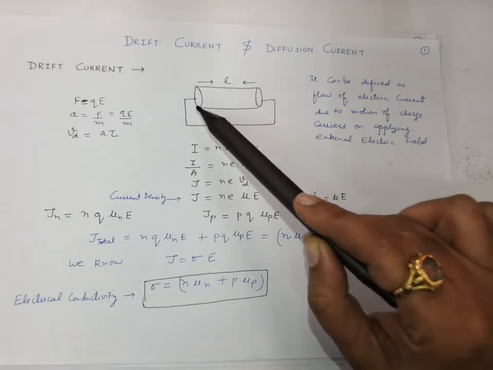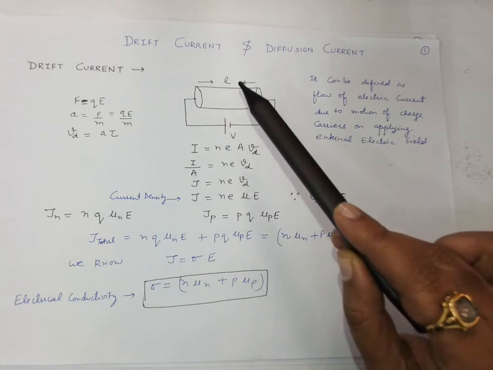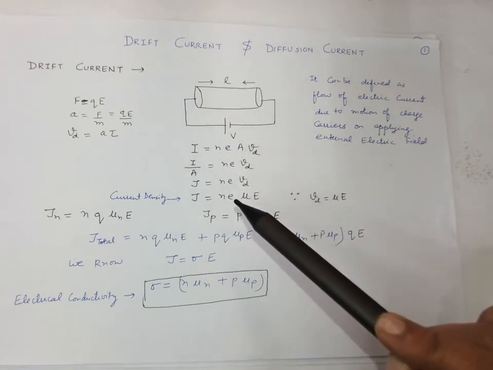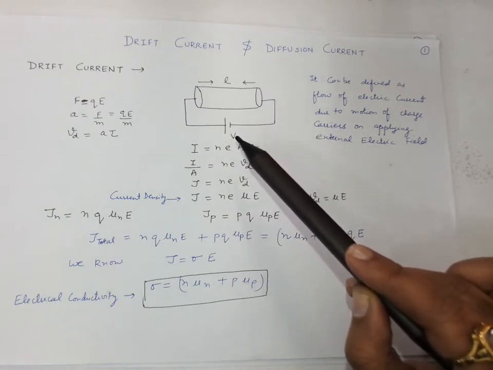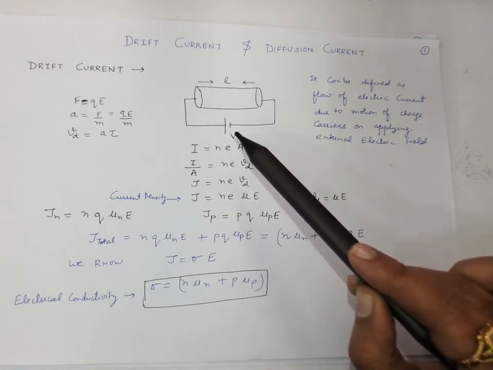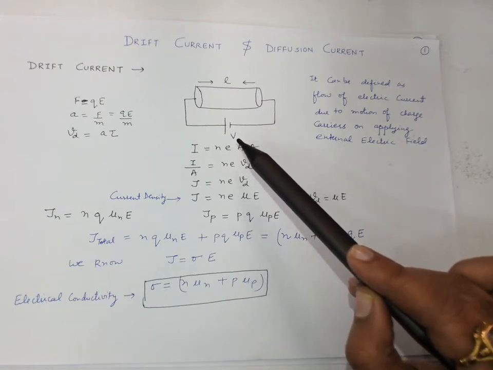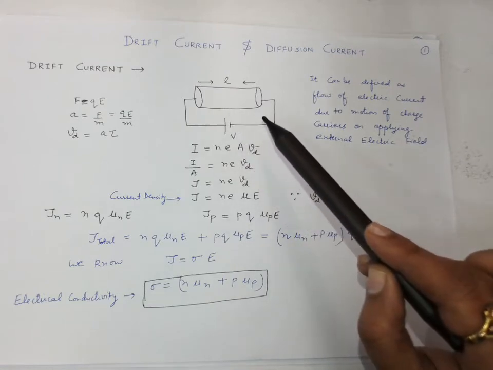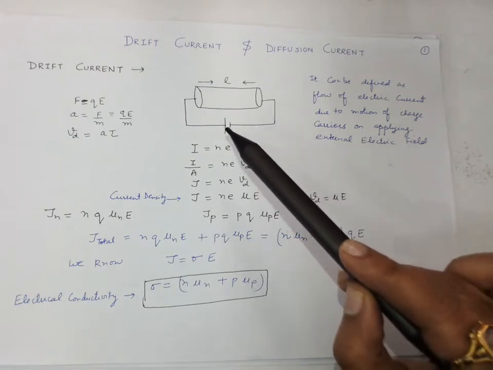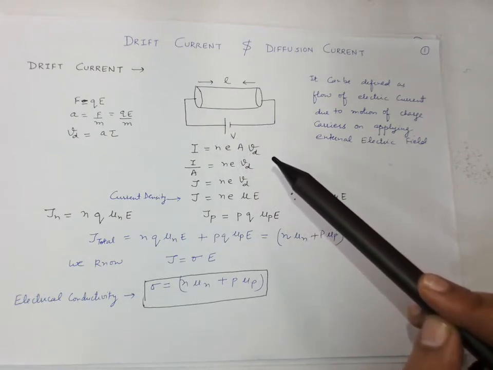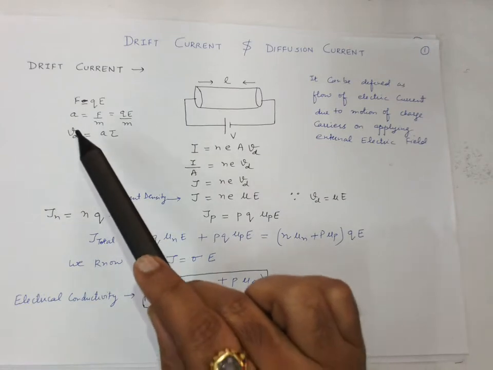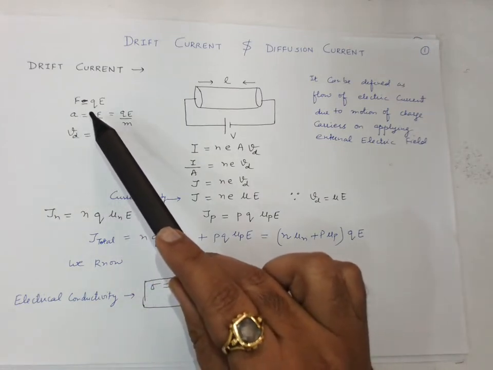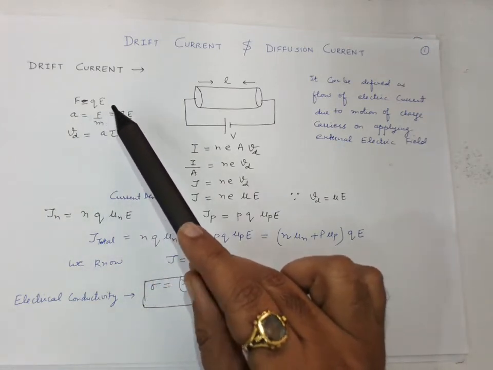Now here I have taken a piece of semiconductor of length L, area of cross section A, across which I have applied a potential difference V. Once I apply a potential difference across the ends of the semiconductor, an electric field is set up, which is given by E = V/L, which we have studied in our elementary classes. Because of that electric field, a force acts on the charged particles, given by F = qE.